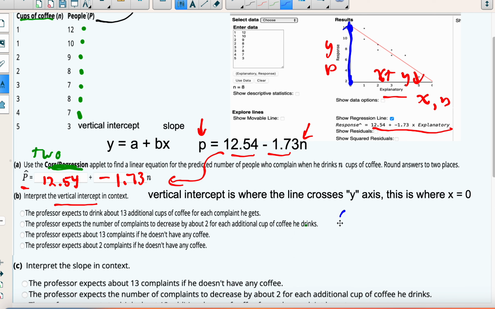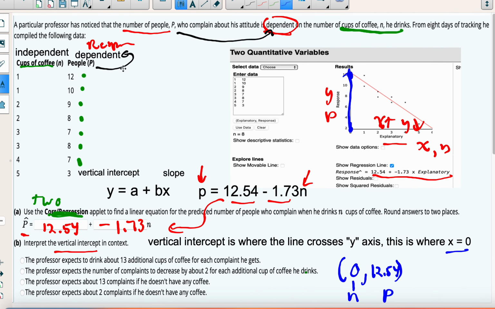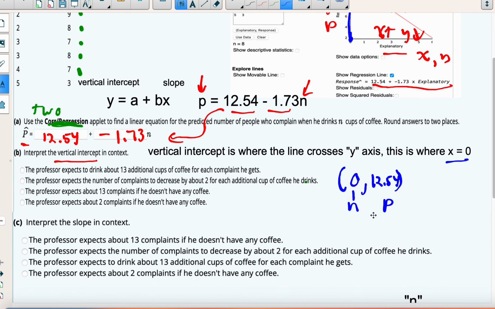So I like to recommend writing this as an ordered pair. So x equals 0, y equals 12.54. And in our case, this is my n, this is my p. Let's translate it. What does n represent? Cups of coffee.